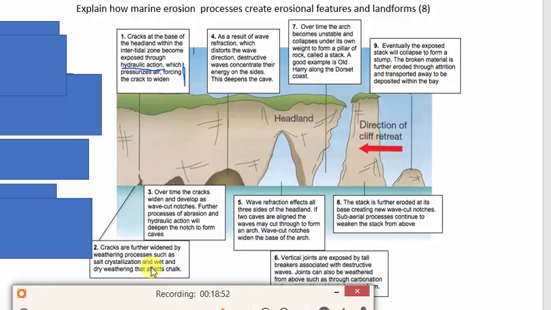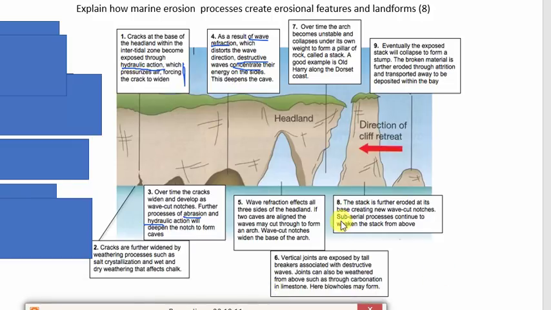In this example, I've also mentioned weathering, abrasion, hydraulic action, but you can see they're showing their understanding of A-level geography, wave refraction, concentrating the destructive wave energy on 3 sides. Subaerial processes. Alright, they've expanded on each stage of the sequence on there. That's what higher level, A-level geography students need to do.